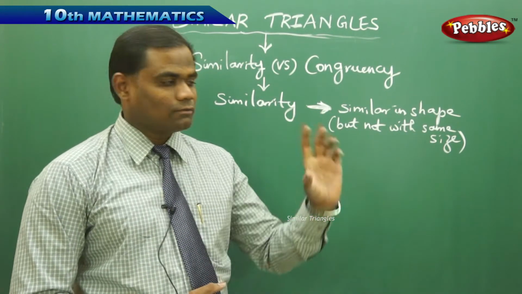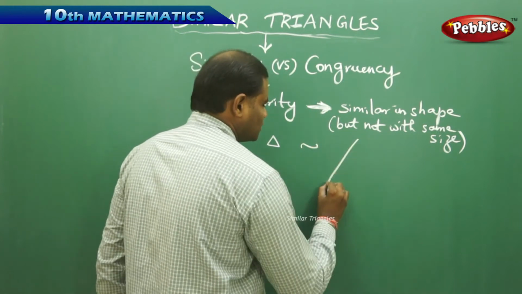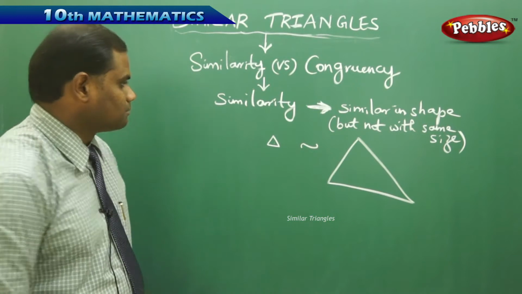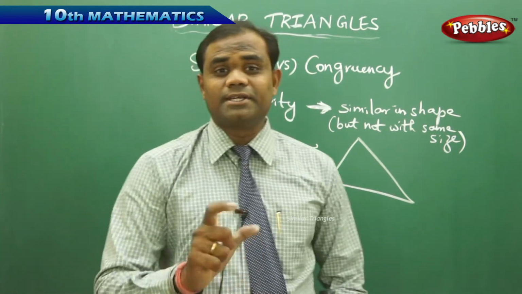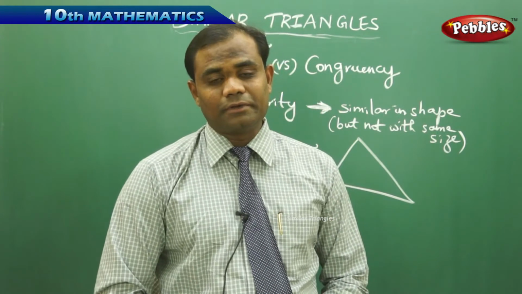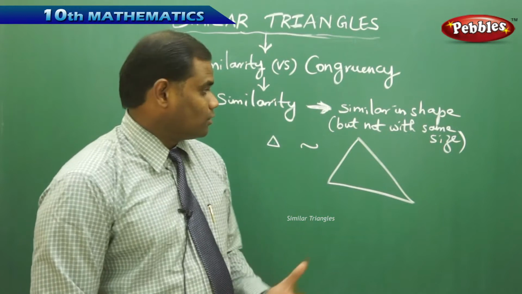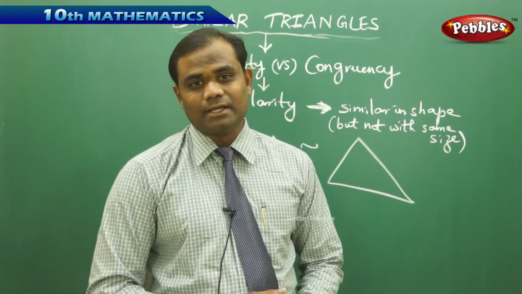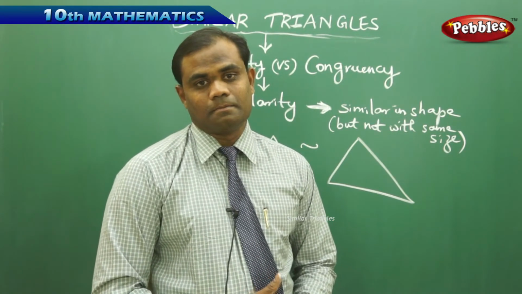That is, one of the objects as I have taken here is said to be similar to a very big object, provided the corresponding angles are equal. But when I take congruency, I say that they are with the same size. So the main difference between similarity and congruency is that similarity may not have the two objects with the same size, but congruency has the two objects in the same size.